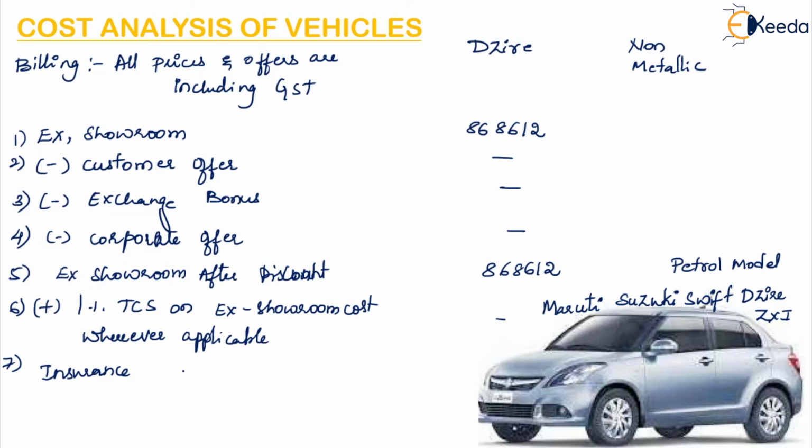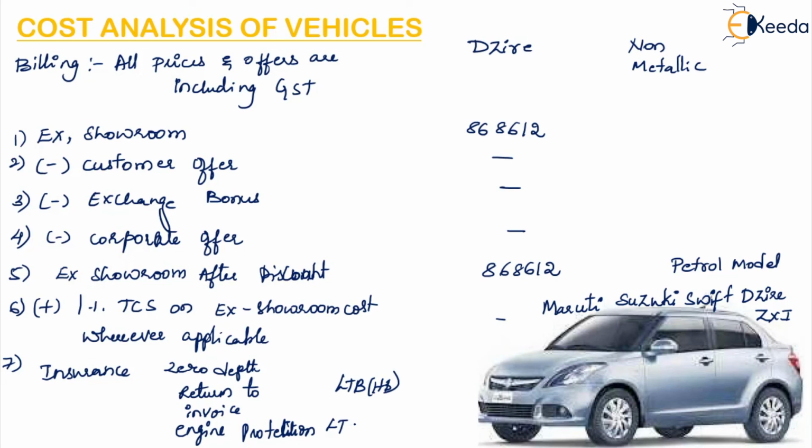So insurance, that is zero depreciation, return to invoice, engine protection. So what is the insurance for long term? 1 plus 3, and long term control plan, that is 3 plus.